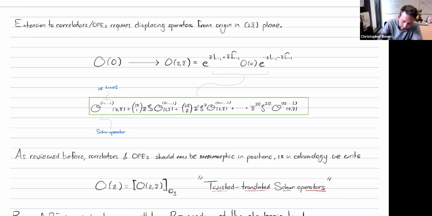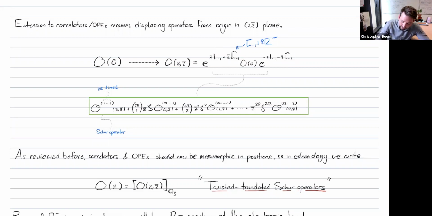In practice, this means that if I want to move one of my operators to another point in the z, z-bar plane, I write the usual expression that allows me to move things around, conjugating by exponentiations of momentum operators, but now I have L hats instead of L bars. Let me remind you, L hat minus 1 is L bar minus 1 plus zeta R minus. R minus is the lowering operator of SU(2)_R symmetry.